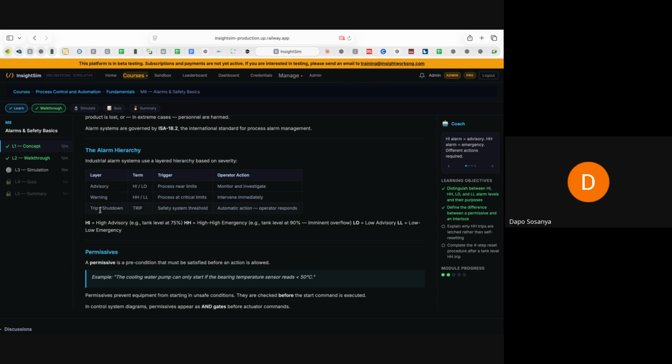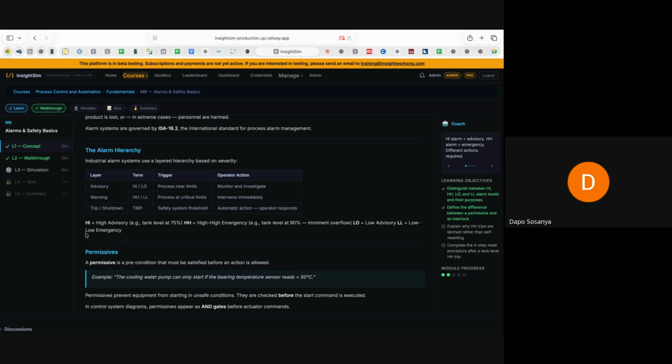The next one is a trip or shutdown, and the term is trip. That is the safety system threshold, and it implements an automatic action. It's automatic, so your trip could be set a bit higher than the HH alarm, and then initiate the automatic shutdown.